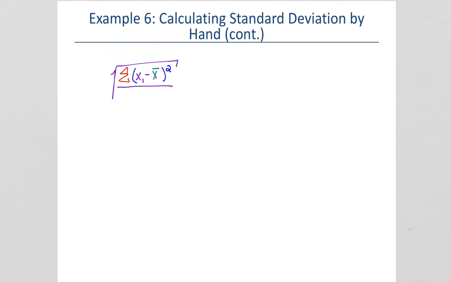So here's what we had so far. And so what we need to do is put in our sum of 96.01 on top. Now all we've got to do is divide.